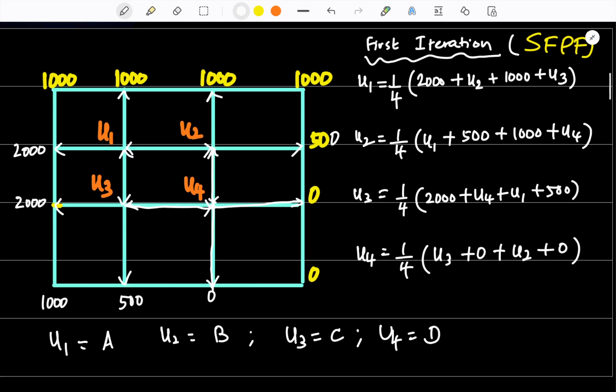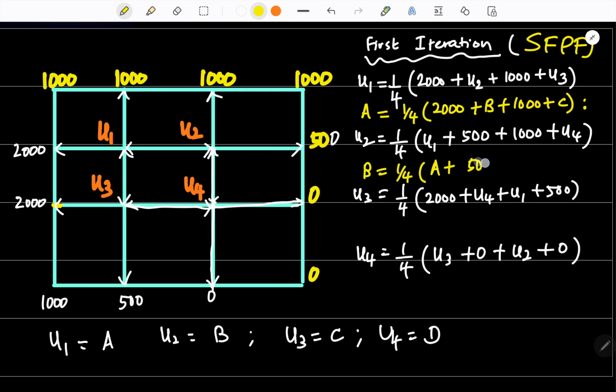So A equals 1 by 4 bracket open, 2000 plus u2, which is B, plus 1000 plus u3, which is C, colon. Press colon. Then B is equal to 1 by 4 bracket open, A plus 500 plus 1000 plus u4, which is D, and then colon.